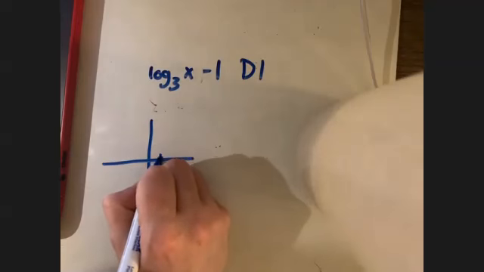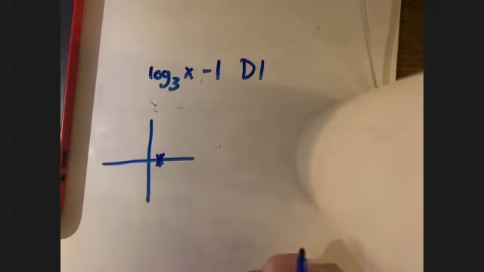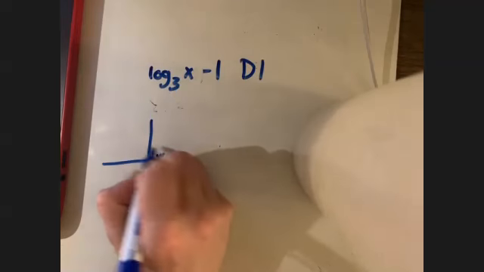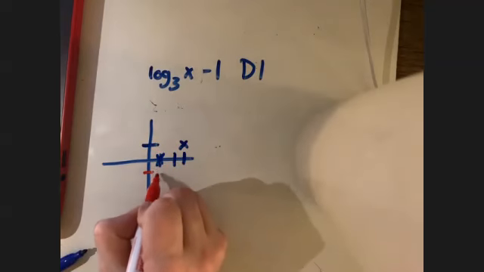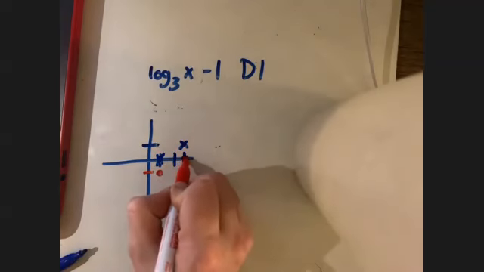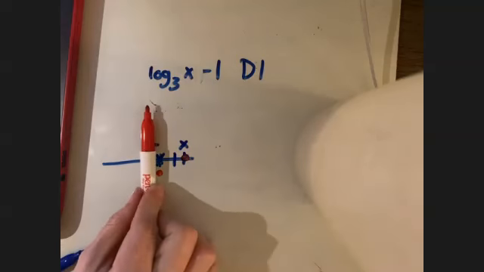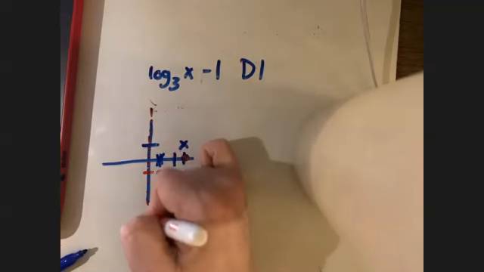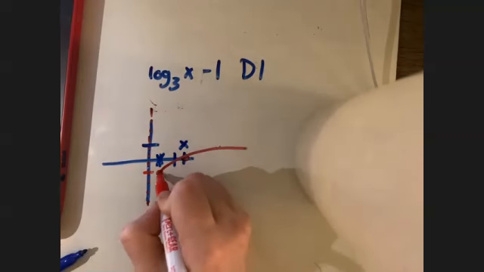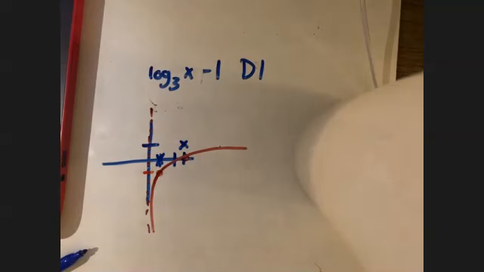I have got (1, 0), and I'm going to mark that with an X. And then my base is (3, 1). So I'm going to put that little mark there. And then everything needs to move down 1. So this is going to come down 1. This is also going to come down 1. The asymptote will also come down 1, which actually just stays where it was. And it's going to arch. Okay. So that's what we've got for that one.